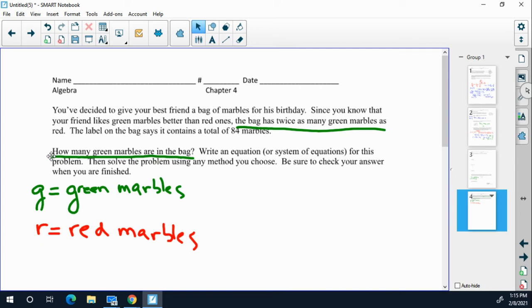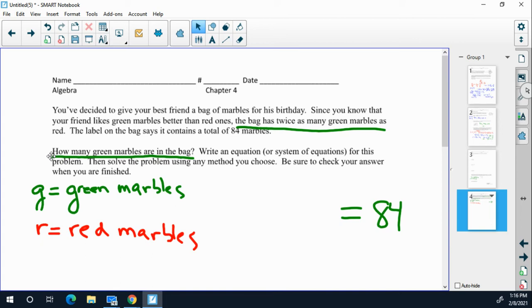The label on the bag says it contains a total of 84. Okay, so you have to find the green marbles and you have to find the red marbles. So you will solve for one first, like we've been doing. Then you'll plug it back in and solve for the other.